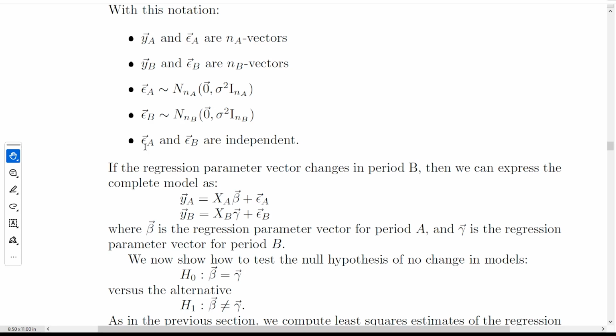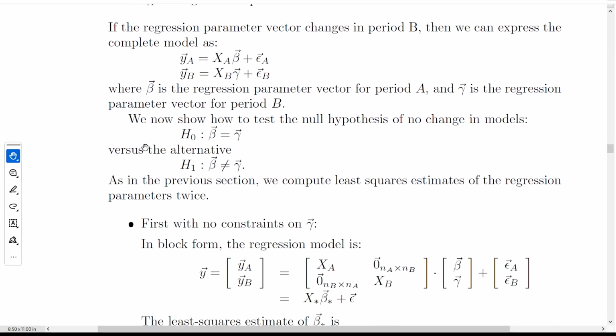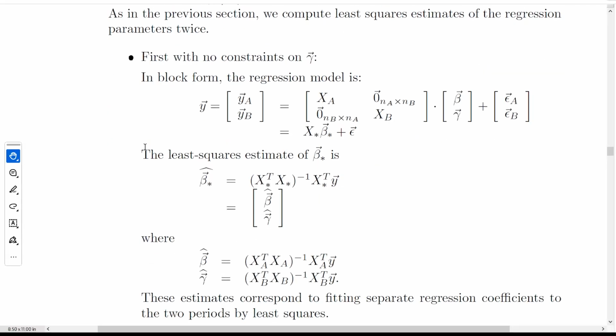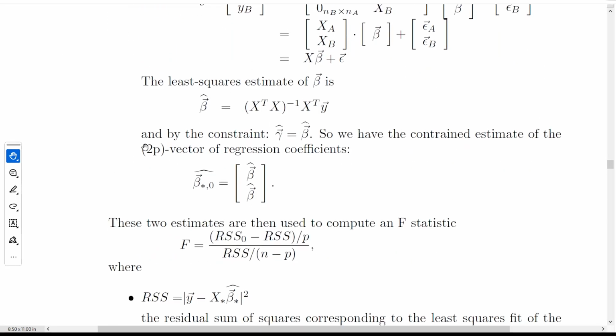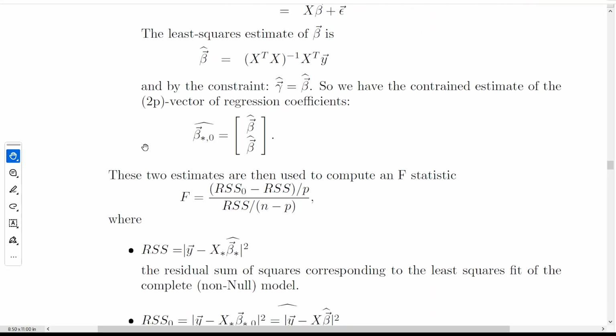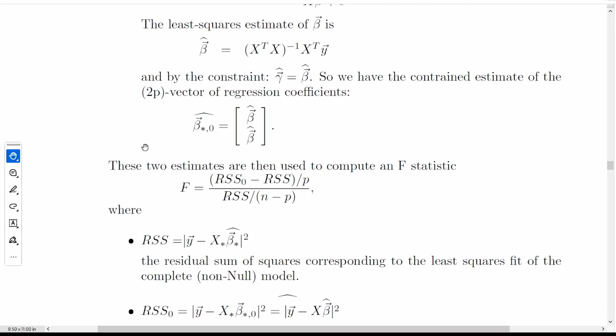And in thinking about the two periods, we basically can test whether the regression parameters for the second period are the same as the regression parameters for the first period. And we can write out the model equations with appropriate matrices. And then we basically have an F-test statistic for seeing whether these regression parameters are different or not.